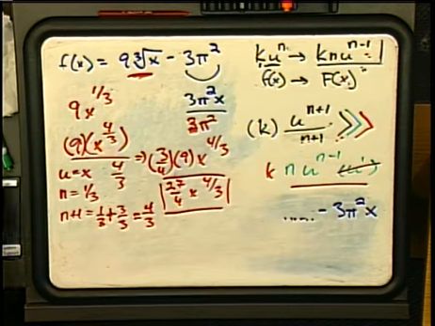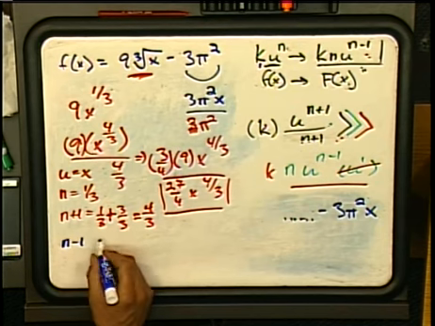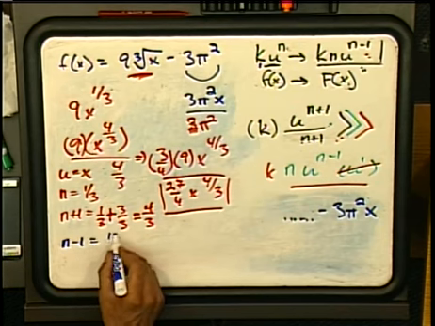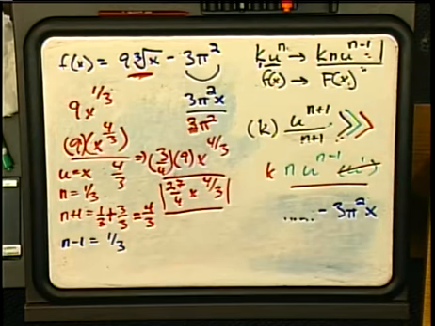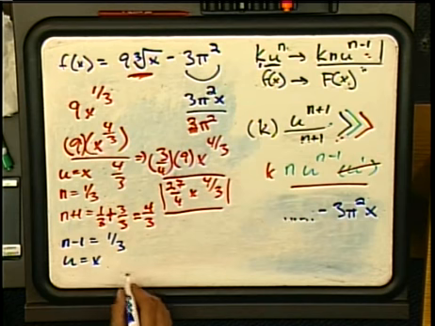Now to do it the other way, we would write n minus 1 as 1/3. Our u would be x. We're looking for k.